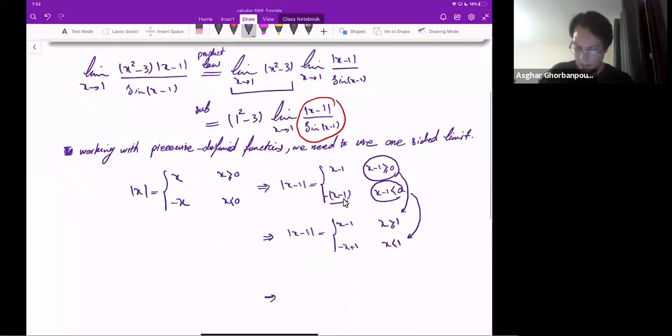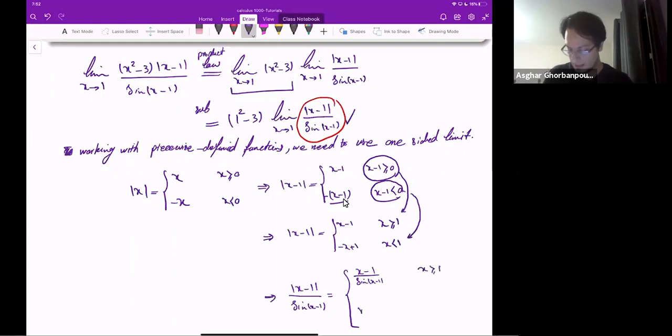How about my function? You divide the whole function by sine of x minus 1. In other words, divide all the terms here by sine of x minus 1. So it is x minus 1 over sine of x minus 1 for x bigger than or equal to 1. The condition I won't change.